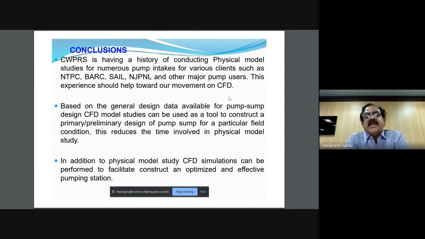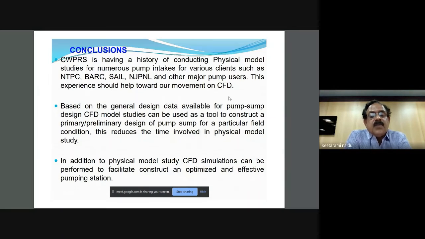Based on the general design data available for pump sump design, CFD model studies can be used as a tool to construct a primary design of a pump sump for a particular field condition. This reduces the time involved in physical model studies. Yes, CFD is a very good tool for initial studies. It should be supported with validation. If that is done and agreed, then there should not be any hitch.